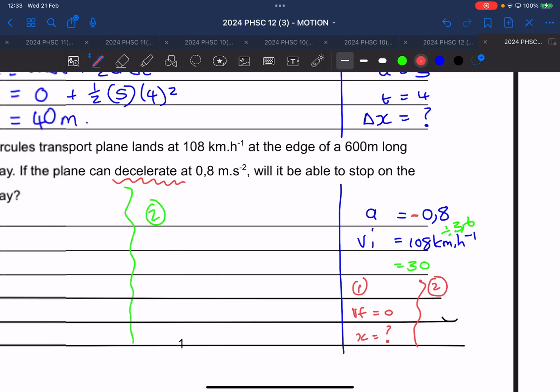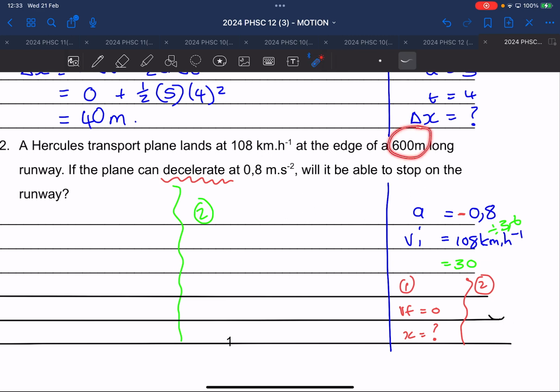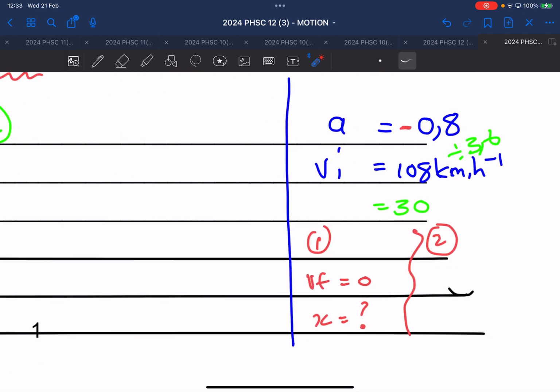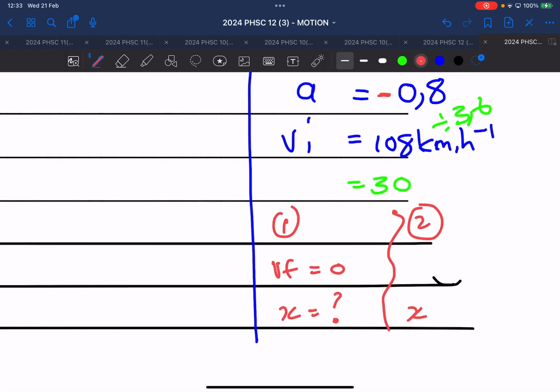Does it take the entire 600 meters? Or does it take less or does it take more? Or you can say, all right, if it's going to travel 600 meters, what will the final velocity be? Is it still moving after 600 meters or has it had time to stop and reverse? So you switch pair.